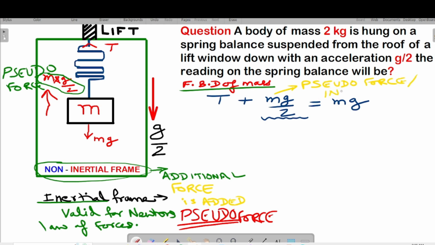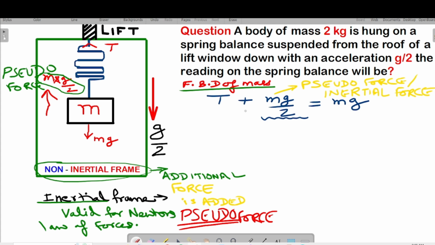That's why I have shown it upward, and this is the pseudo force. We also call it inertial force, which will be additional to the existing force in non-inertial frame with respect to inertial frame, right?